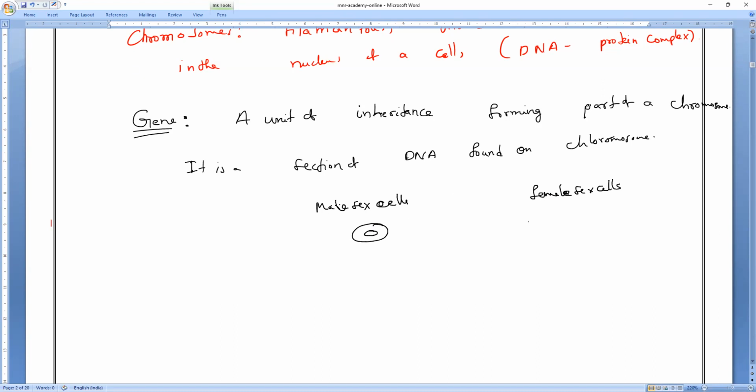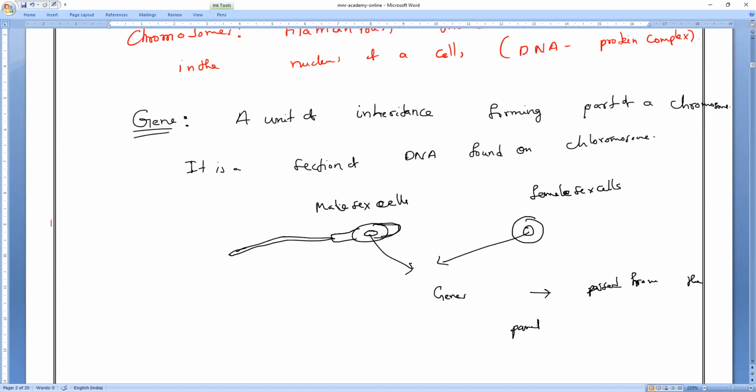Inside the egg there is a nucleus, and inside the sperm also there is a nucleus. Inside this nucleus there are chromosomes, which carry what we call genes. These genes pass from the parents to the offspring.